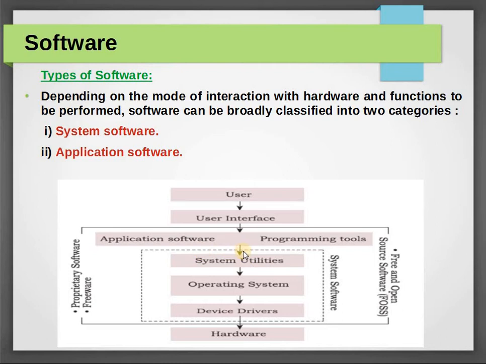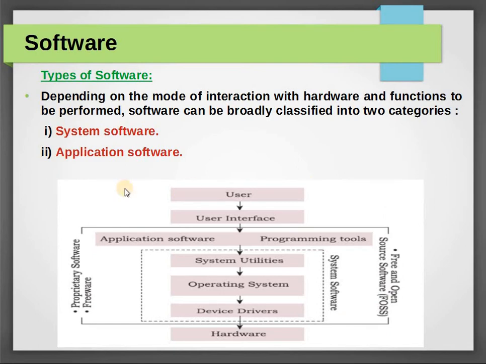Now above the system software, many application software and programming tools work, and with these application software and programming tools the user interacts through the user interface. This application software and programming tools can be of two types: one is proprietary software, and another is free and open source software.